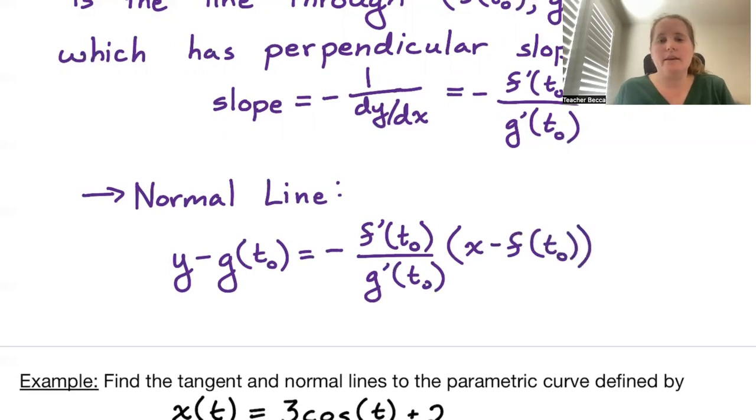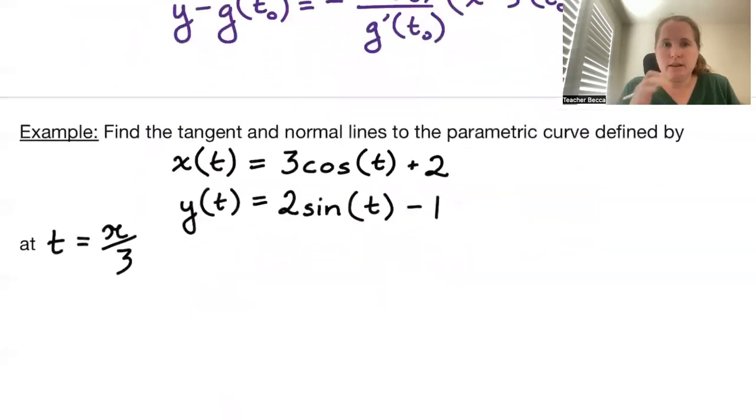So this is the formula for our normal line. Again, it's the equation of a line that goes through our point, which has perpendicular slope to the tangent line. So for example, let's find the tangent and normal lines to the parametric curve defined by x of t equals 3 cosine t plus 2 and y of t equals 2 sine of t minus 1 at t equals pi over 3.